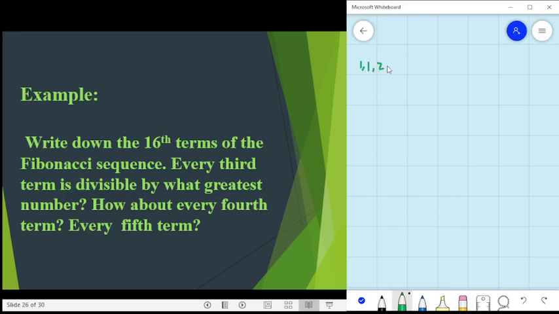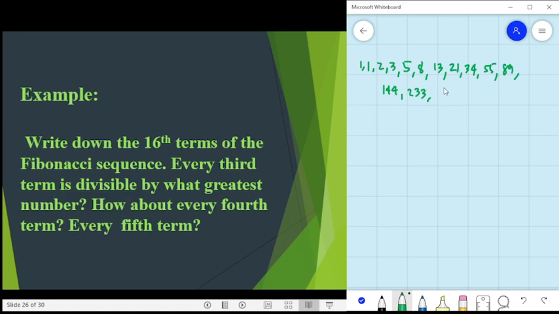Then the next is 2, then 1 plus 2 is 3, 2 plus 3 is 5, 3 plus 5 is 8, 8 plus 5 is 13, 8 plus 13 is 21, 13 plus 21 is 34, 21 plus 34 is 55, 34 plus 55 is 89, 55 plus 89 is 144, 89 plus 144 is 233.